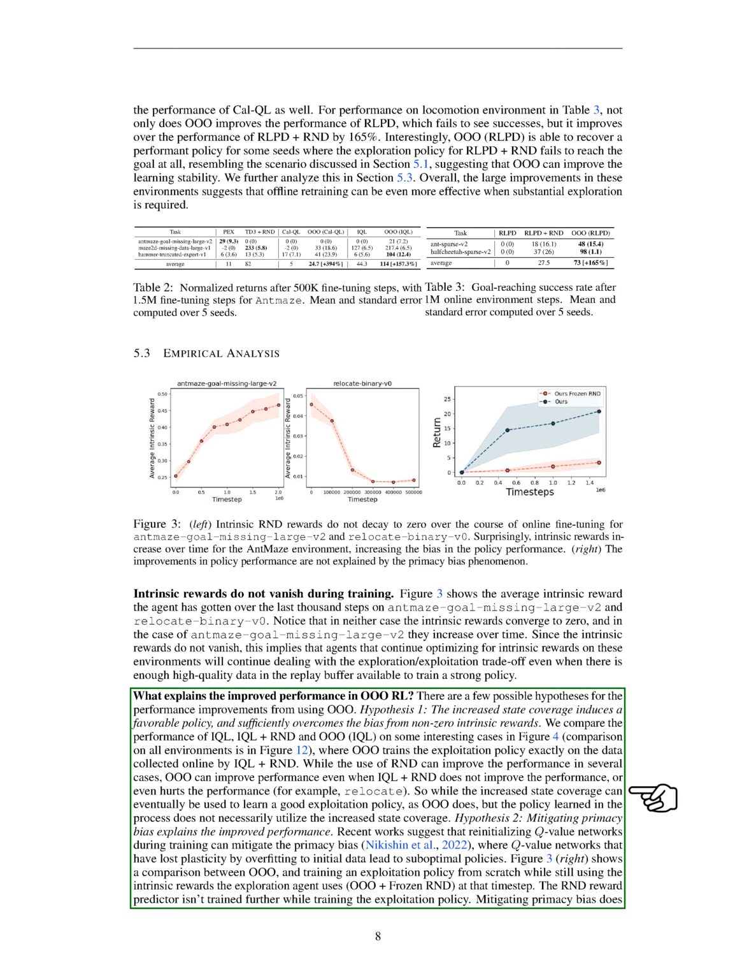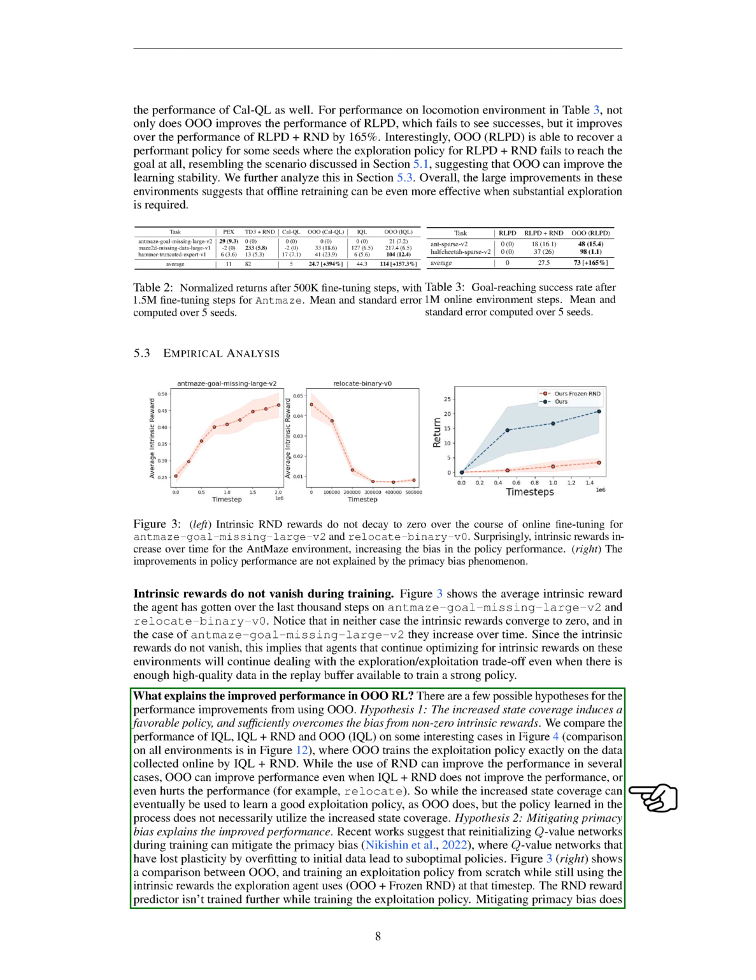The second hypothesis is that the improved performance is due to mitigating primacy bias. Primacy bias refers to the tendency of Q-value networks to overfit to initial data, leading to suboptimal policies. Some recent studies suggest that reinitializing Q-value networks during training can help reduce this bias.